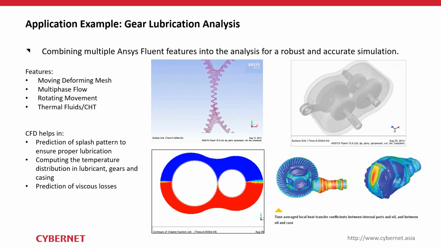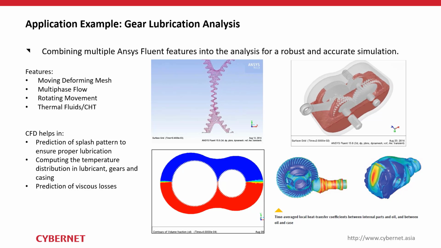So next we move to the application example. Here I would like to show you the gear lubrication analysis. Gear lubrication is one of those applications that can use a number of Ansys Fluent features to solve essentially the same problem.